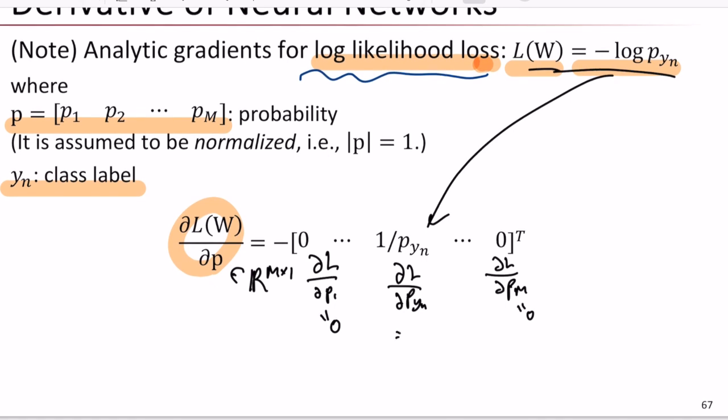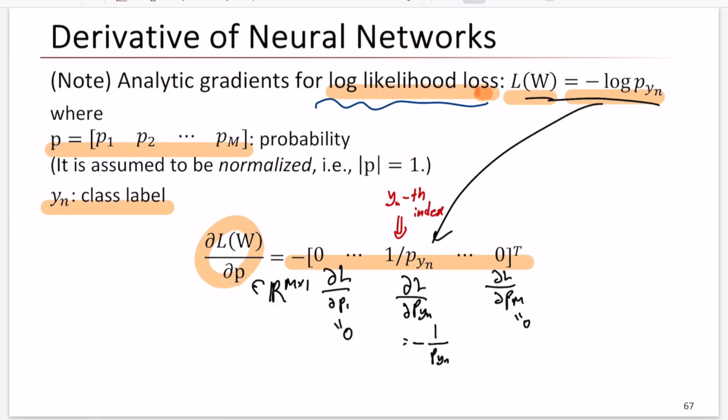So it's going to be minus 1 over PYN, because this is a log function. So it's going to be 0, 0, 0, minus 1 over PYN, 0, 0, 0, 0, where YN is the index. Right, that's it. Now we have all of the local gradients.